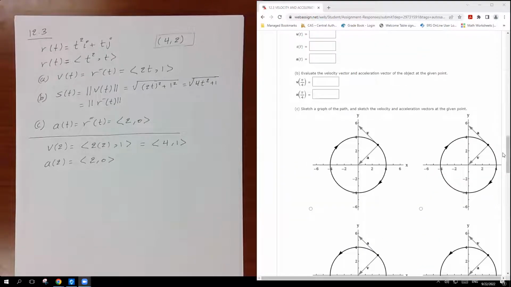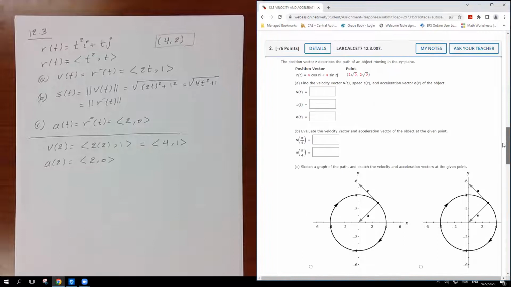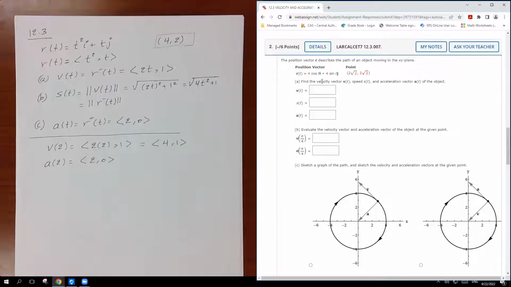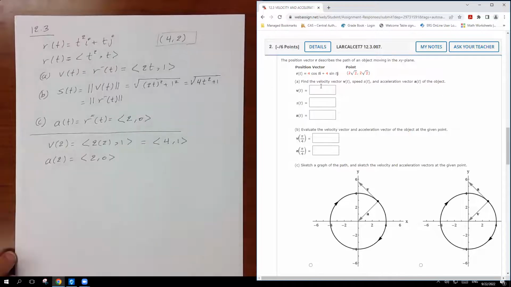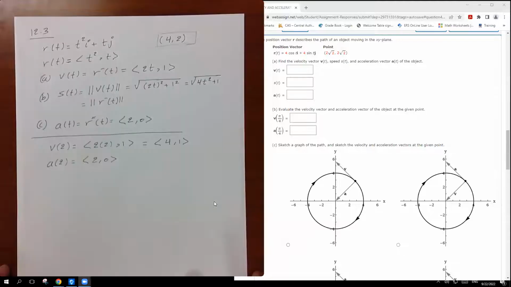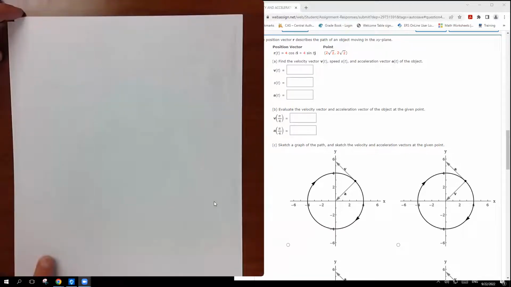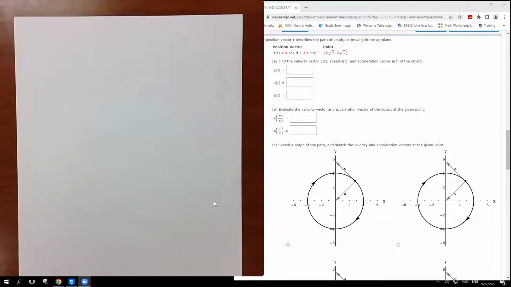Now we have a circle, which is the same thing. Don't confuse yourself. If it's a circle, I'm gonna do exactly the same steps. So the second one is going to be, now the position vector.